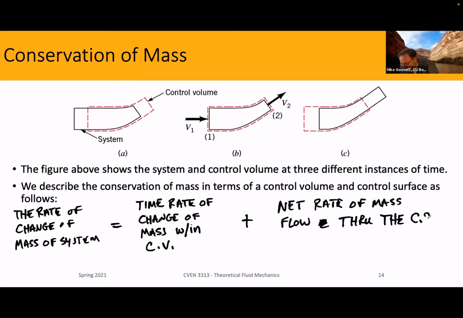And remember, the control surface bounds the control volume. So it's kind of like saying, in and out of the control volume. You could say it that way as well. Okay, so that's the conceptual version of what we're going to write mathematically on the next slide. Okay?